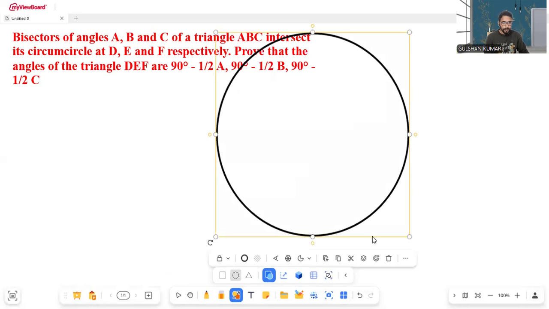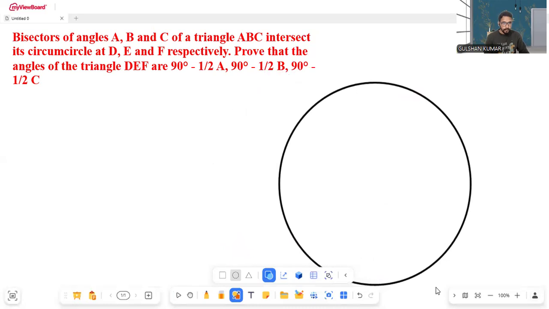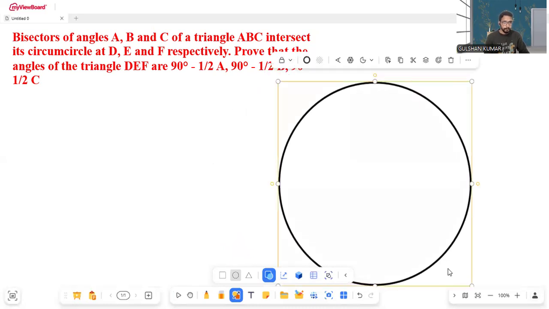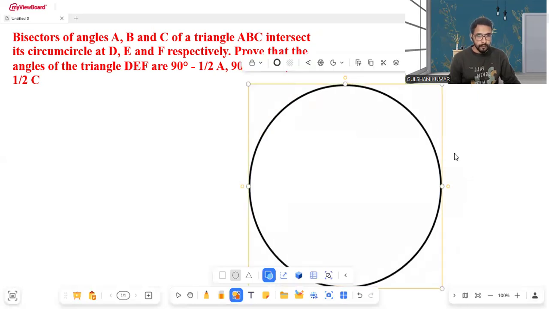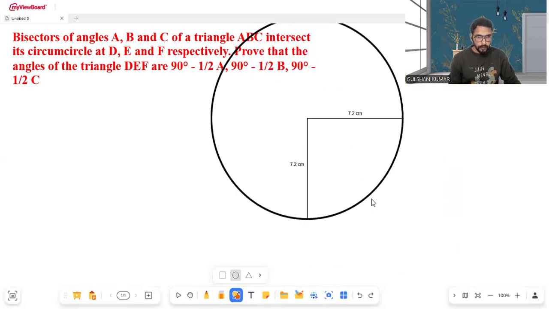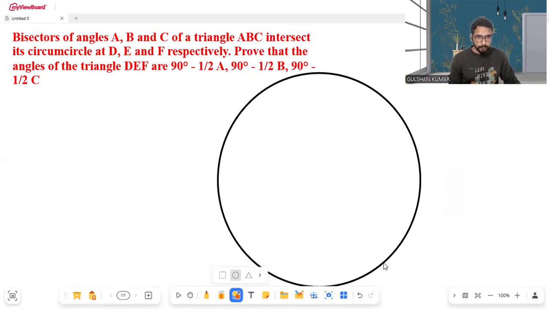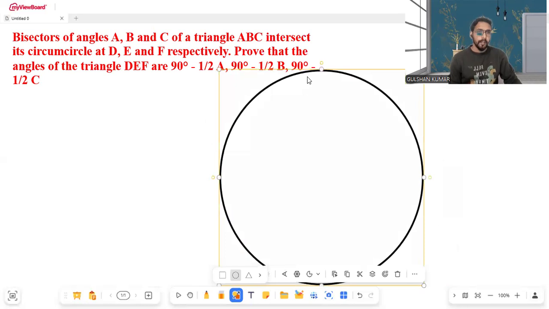We draw a circle that will be visible to you easily.